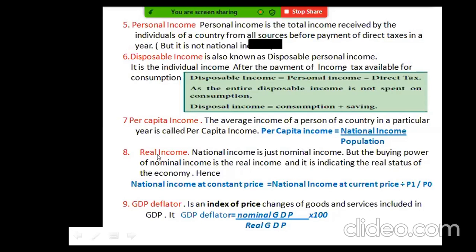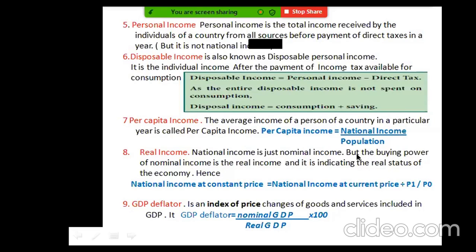Next, real income. National income is just a nominal income. That means it is not exactly the real income available for consumption or investment purposes. But the real income is identified based on the buying power of nominal income.